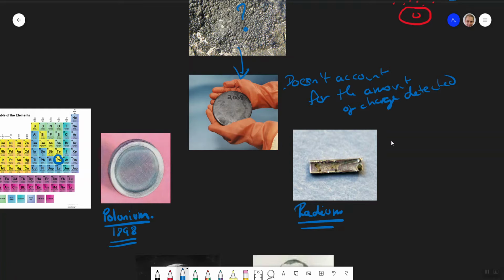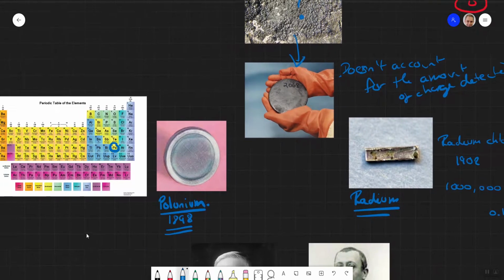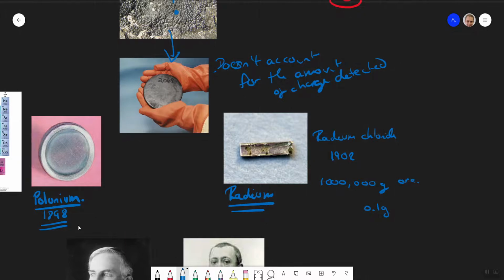It would be separated out in 1902, and the amount of radium chloride she was able to get: she took 1,000 kilograms, so a million grams, of the ore, and from that she managed to get 0.1 grams of radium chloride. So that would be, my guess, RaCl2. Yeah, so radium chloride.